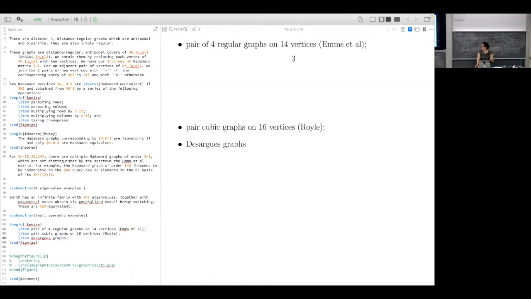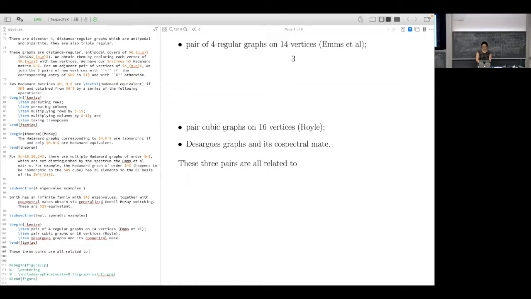It has a unique cospectral mate, the only other graph cospectral to the Desargues graph, which is not distance regular. It and its cospectral mate are also not distinguished by this procedure. These 3 sporadic pairs are all related to each other by Godsil-McKay switching.